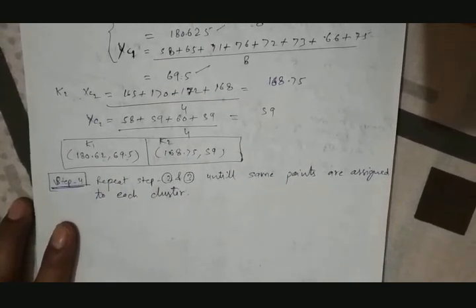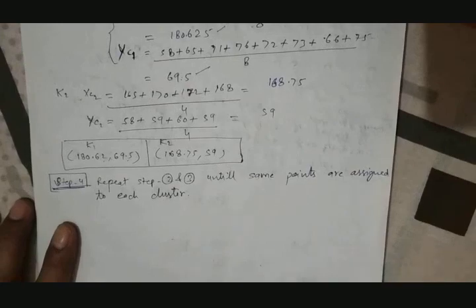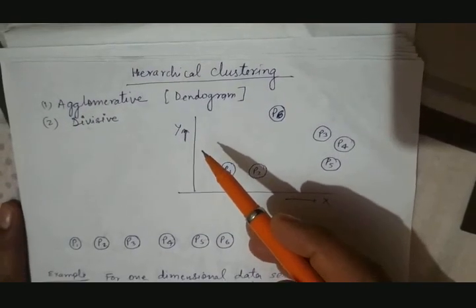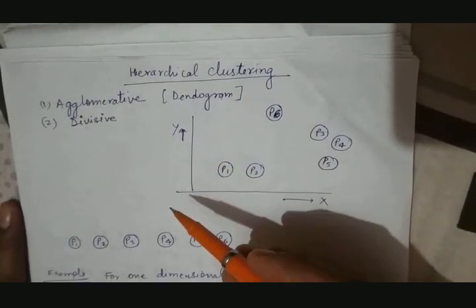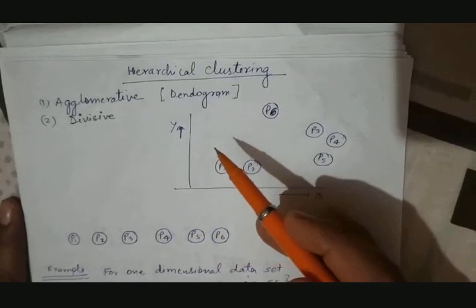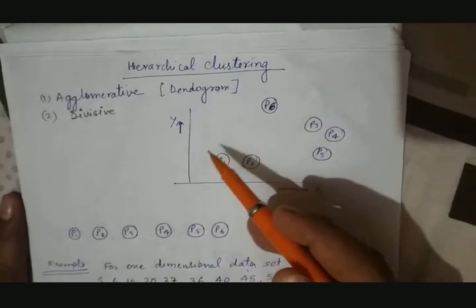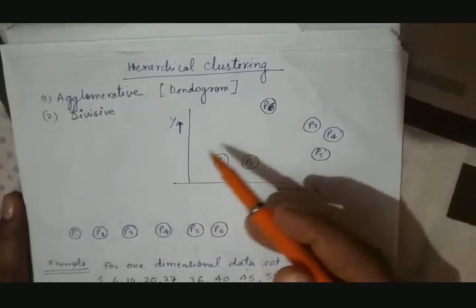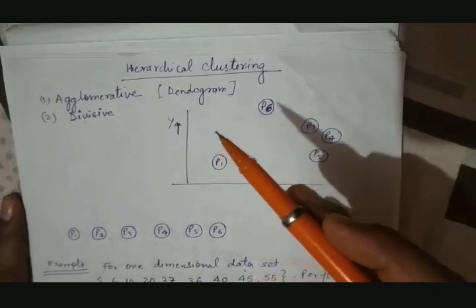In the next lecture we will see how hierarchical clustering works. We have discussed in our previous lecture that hierarchical clustering is used where we have a definite form of hierarchy. For example, the directory structure of the hard disk forms a hierarchical structure.